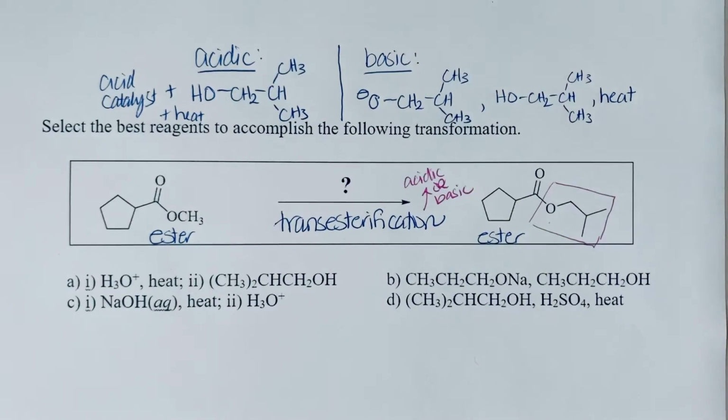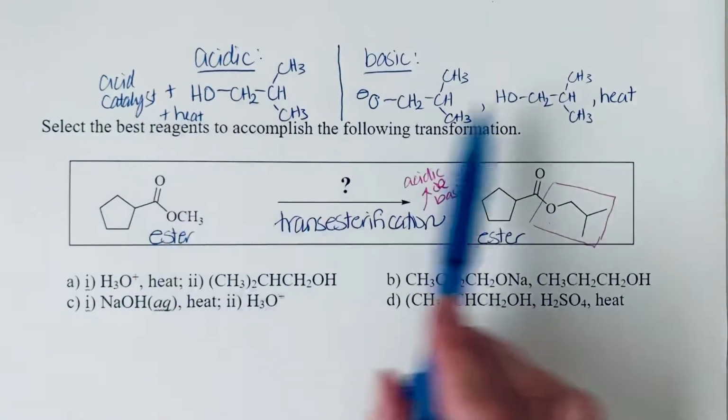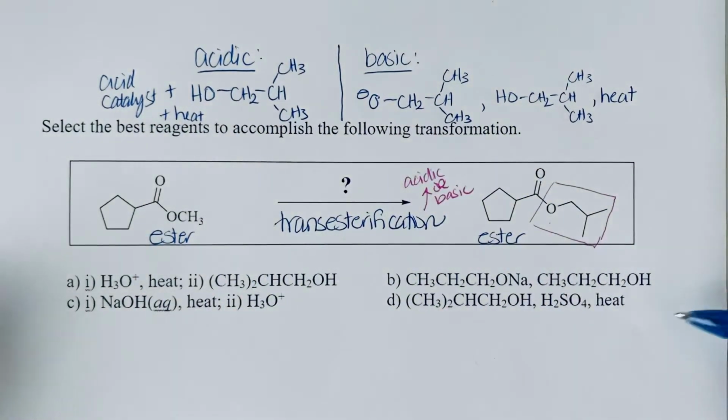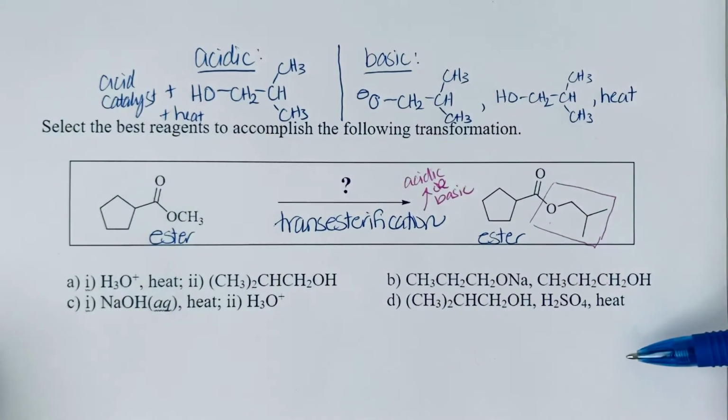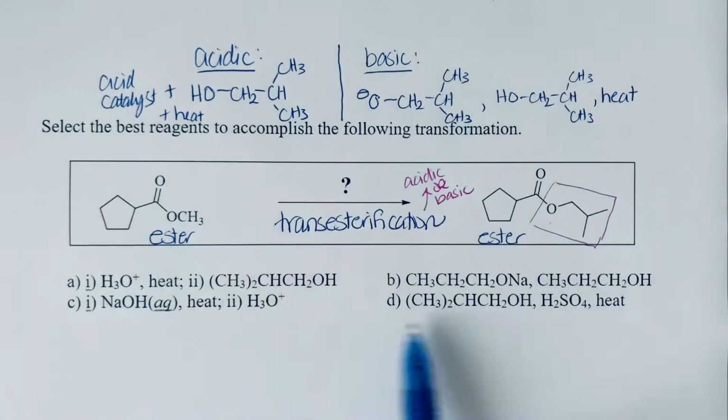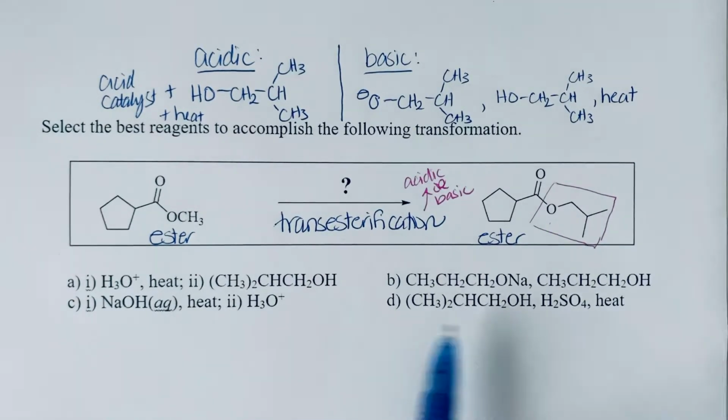Notice I drew out these reaction conditions and I haven't even looked at these possible products yet. So now that I know what I'm looking for, I'm going to see if I have either one of these sets of conditions down here. Comparing, B and D look like trans-esterification conditions.